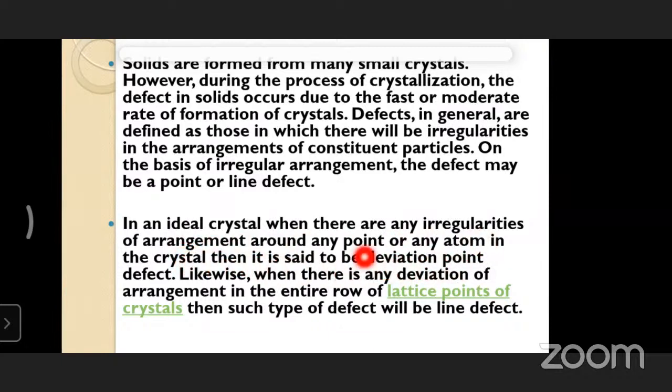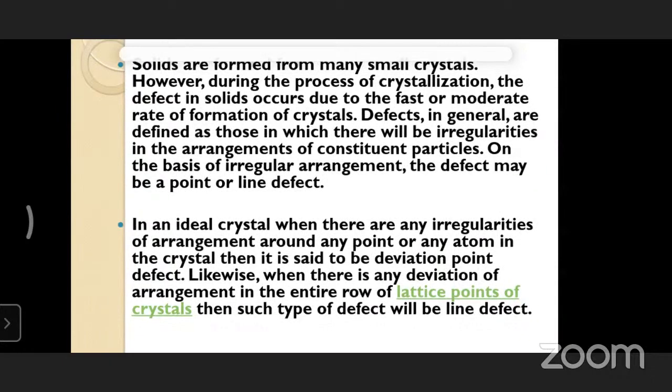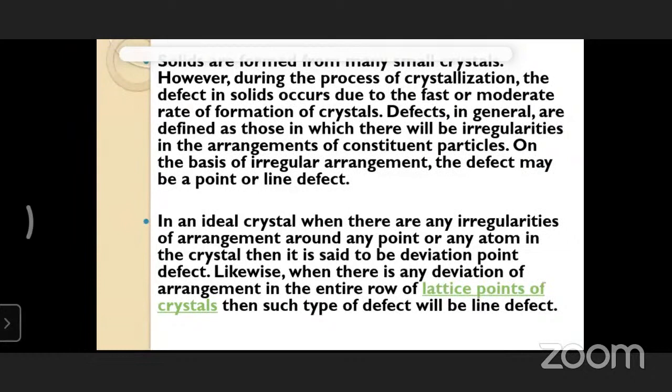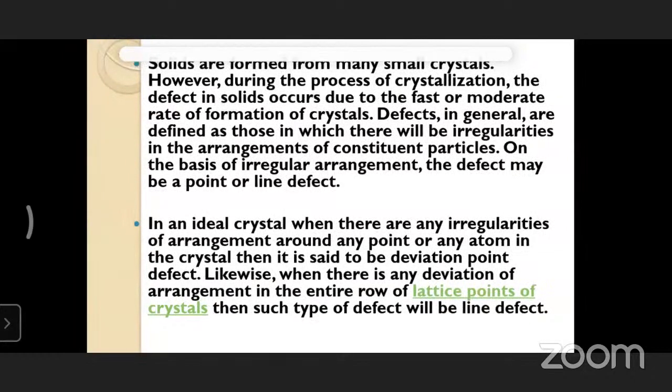When there is a deviation of arrangement in the entire row, the complete row is deviated from the lattice points of the crystal, such a defect is called a line defect. If a single atom, a single ion or a single molecule is deviated from the regular arrangement, that is a point defect. If the total layer, the total line, the entire row has a deviation, that is a line defect.